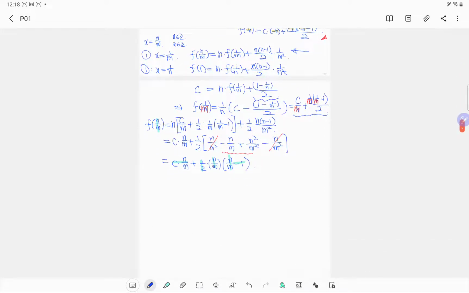So for the last step, we can try to check if this fits the original equation, which is like this, plus xy.